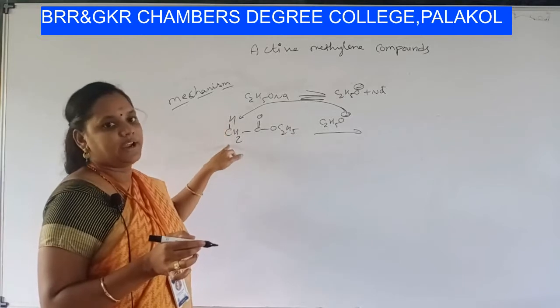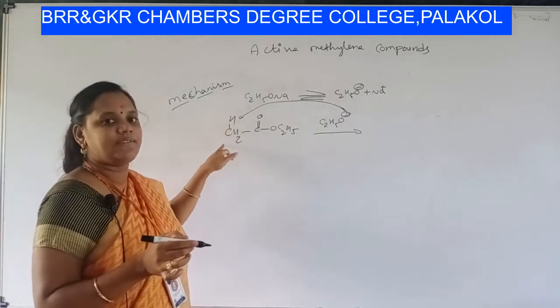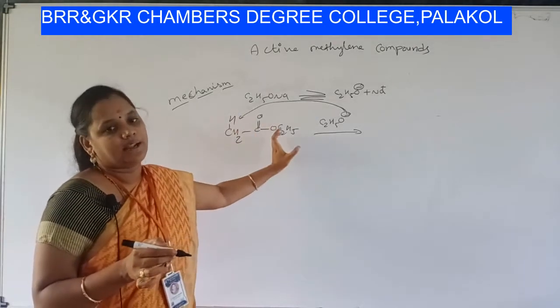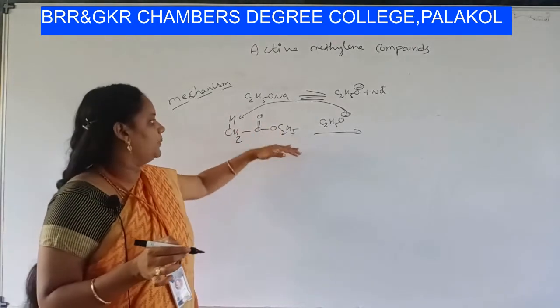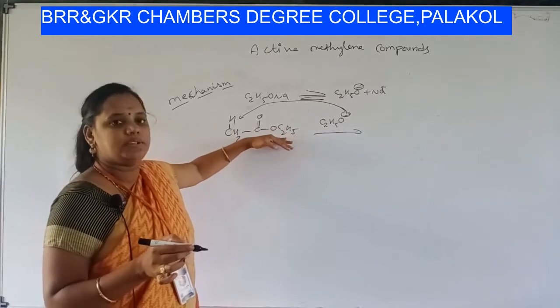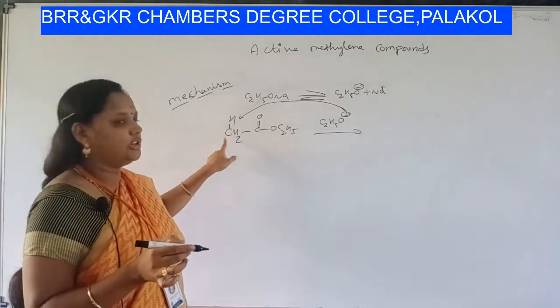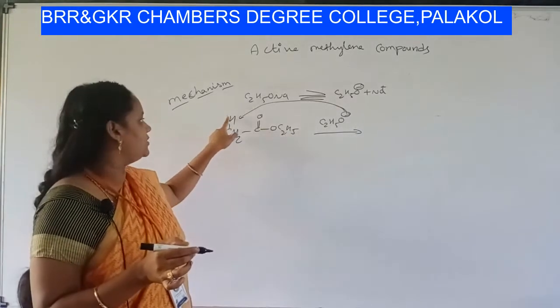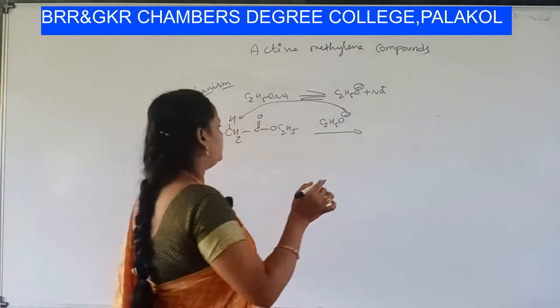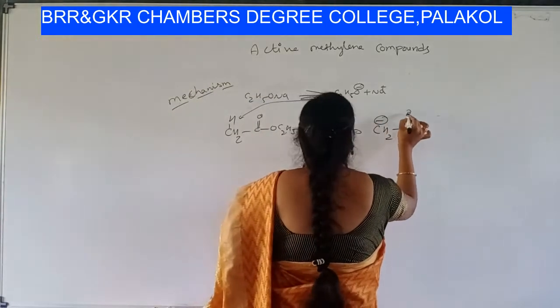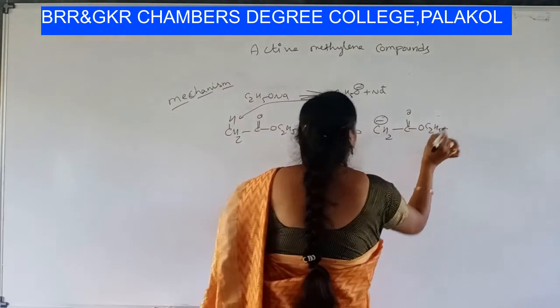What is the alpha carbon? The alpha carbon is the carbon attached to the functional group. Here we consider COOC2H5 as the functional group. So the carbon adjacent to the functional group is the alpha carbon, and its hydrogens are called alpha hydrogens. So you will get CH2 minus C double bond O, OC2H5.